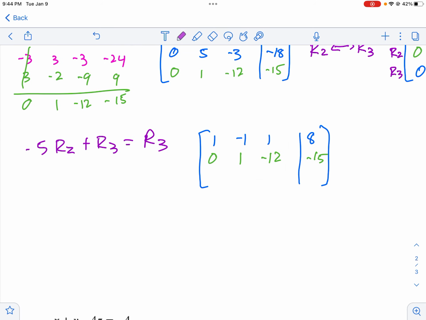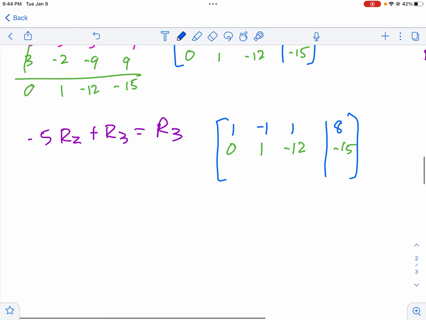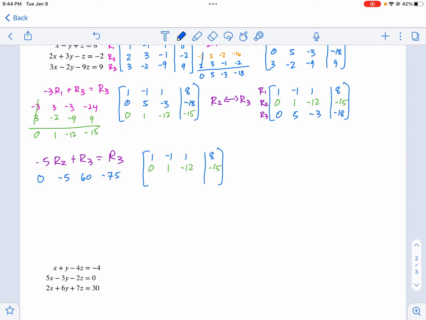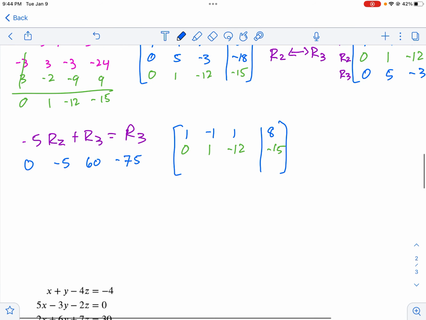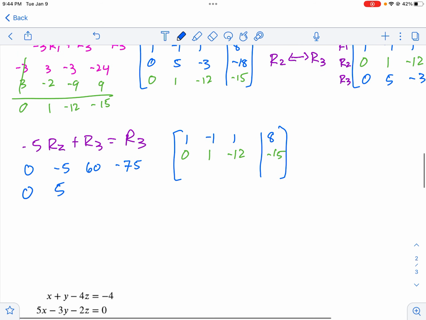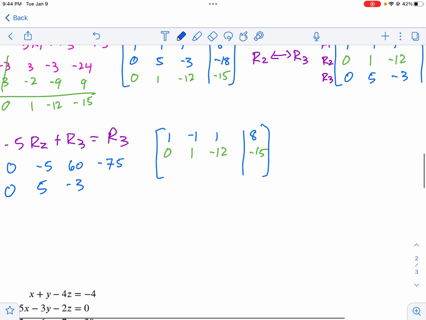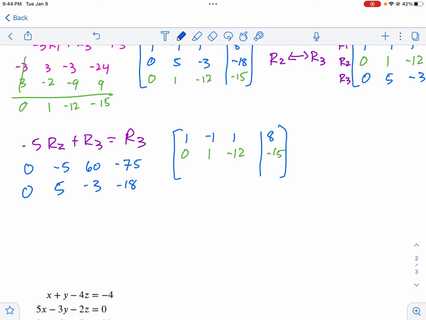So -5 row 2 is 0, -5, 60, and -75. Row 3 is 0, positive 5, negative 3, and negative 18. This should be a positive 75.